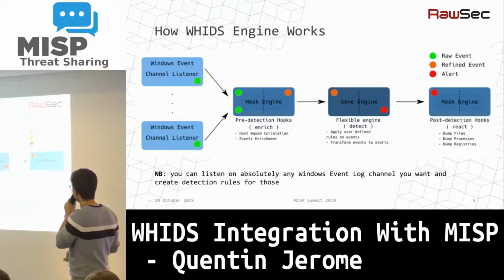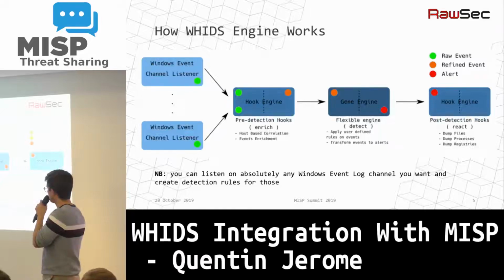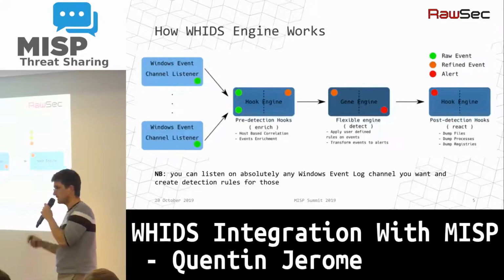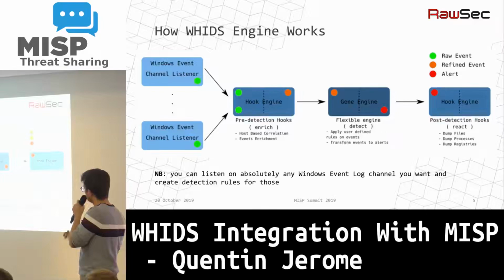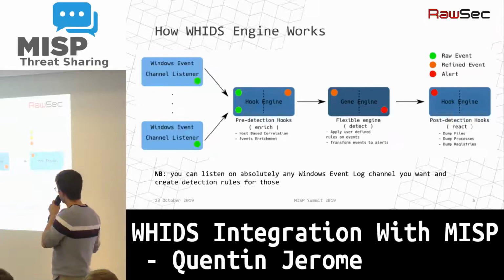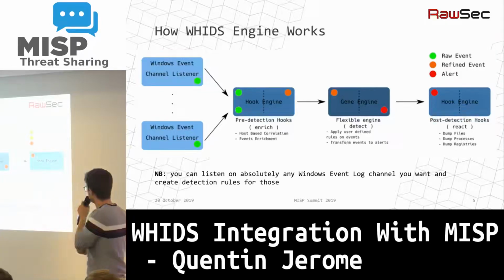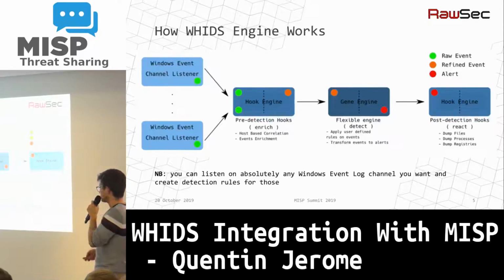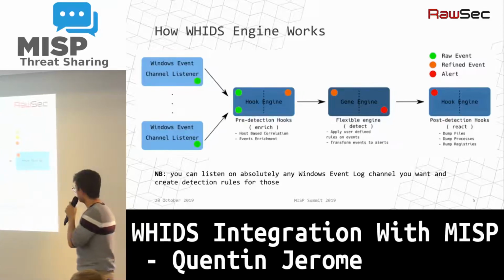Then those events are pushed to the gene engine, which is responsible for detecting a suspicious event and transforming it into an alert. The alerts are then sent to the post-detection hook, which reacts to the alert by dumping files, processes, or the registries.